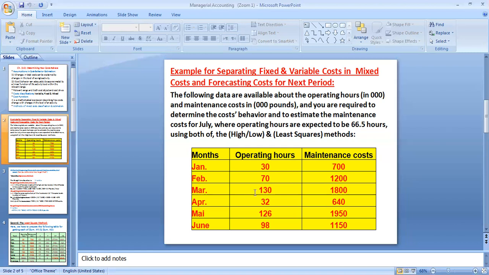The table I have is from January to June, so July is the next month after June. He wants me to estimate the maintenance cost for July, where operating hours are expected to be 66.5 hours, using both the high-low and the least squares methods.